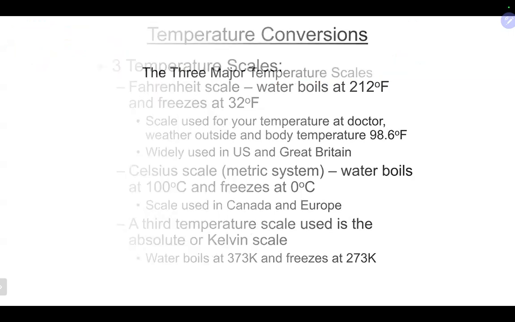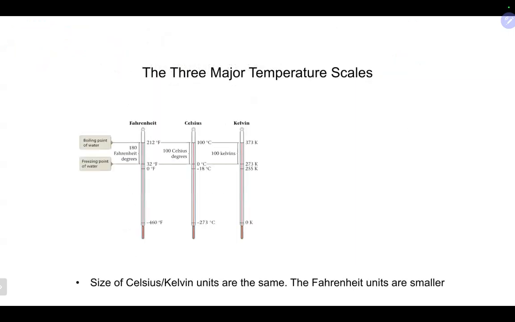So let us actually talk about how we do the conversions between them. And here are the 3 different temperature scales. The reason we do the conversions is really the difference between freezing and boiling points on the different scales. On Celsius and Kelvin, there's about 100 units of difference between boiling and freezing.